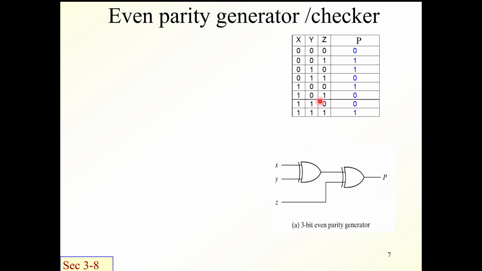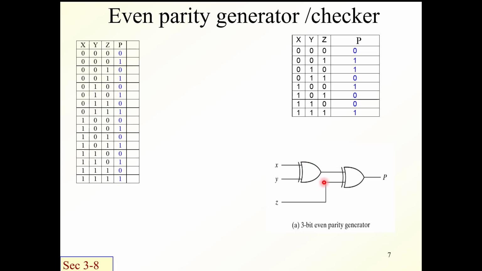So all these 4 bits are transmitted from point A to point B. Now at point B, at the receiver, he will receive these 4 bits, X, Y, Z, and P. And these are all the different combinations of these 4 bits that might be received at the receiver.